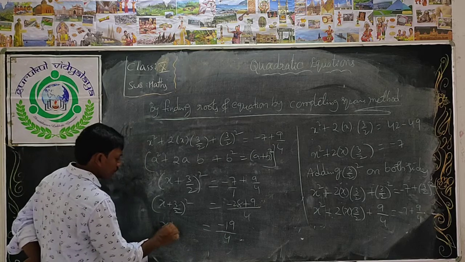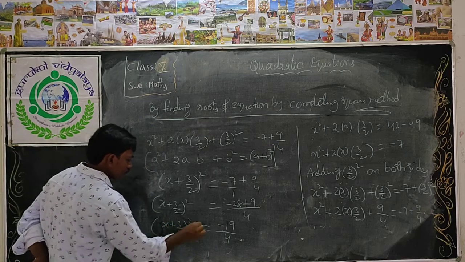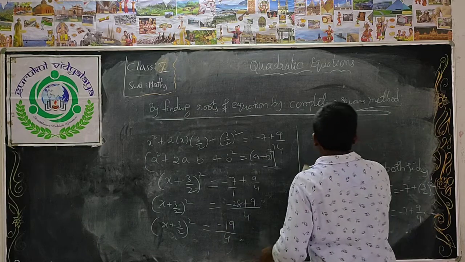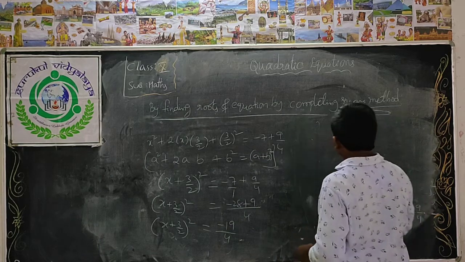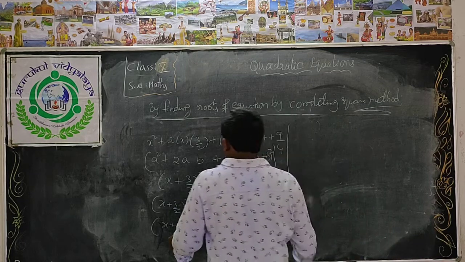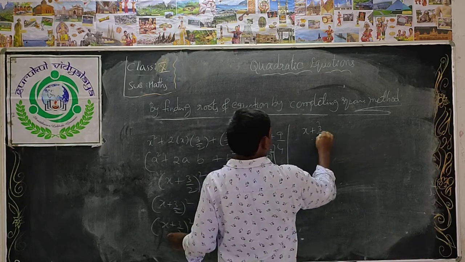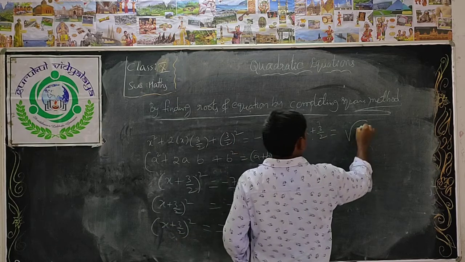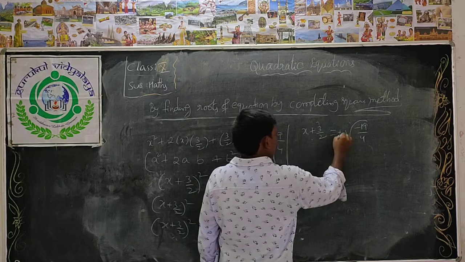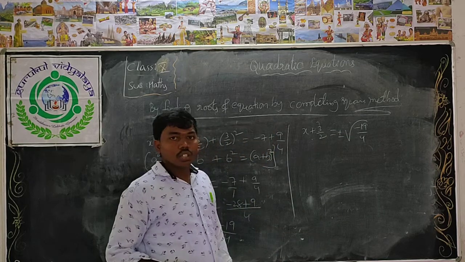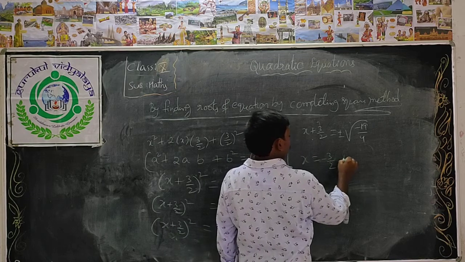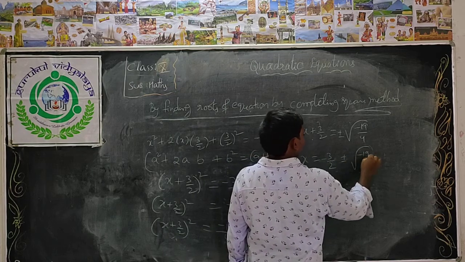So x plus 3 by 2 whole square is equal to minus 19 by 4, and send the square to this side. Again, I will tell another example with clarity to the children. x plus 3 by 2 is equal to the square root of minus 19 by 4. Plus 3 by 2 sent to that side. Plus or minus will come before the root. So x is equal to minus 3 by 2 plus or minus root of minus 19 by 4.